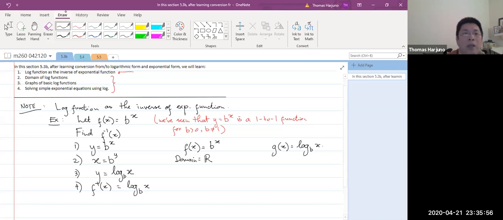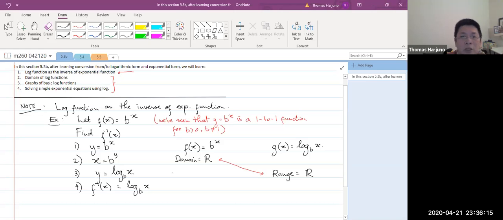Now this domain, when you do the inversing, will become the range. The range of a log function is all real numbers.